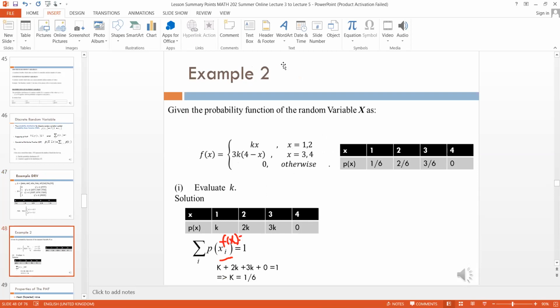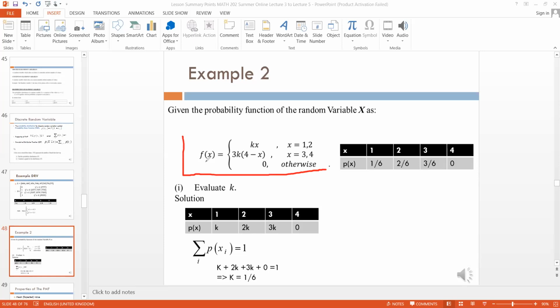So with that understanding, you could be asked to find some unknown value, or an unknown variable, given the probability distribution. I have written the distribution in this form.